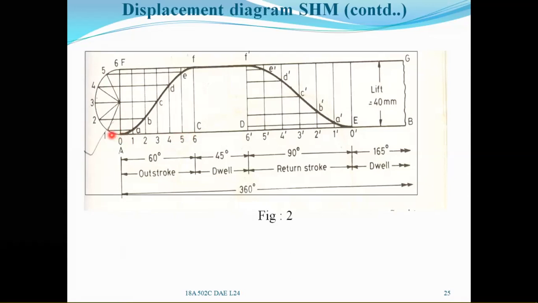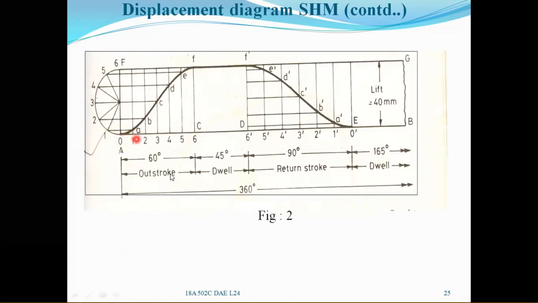So same divisions 1, 2, 3, 4, 5, 6, and from each vertical semicircle point draw horizontal projectors to intersect the vertical projectors at outstroke and return stroke.